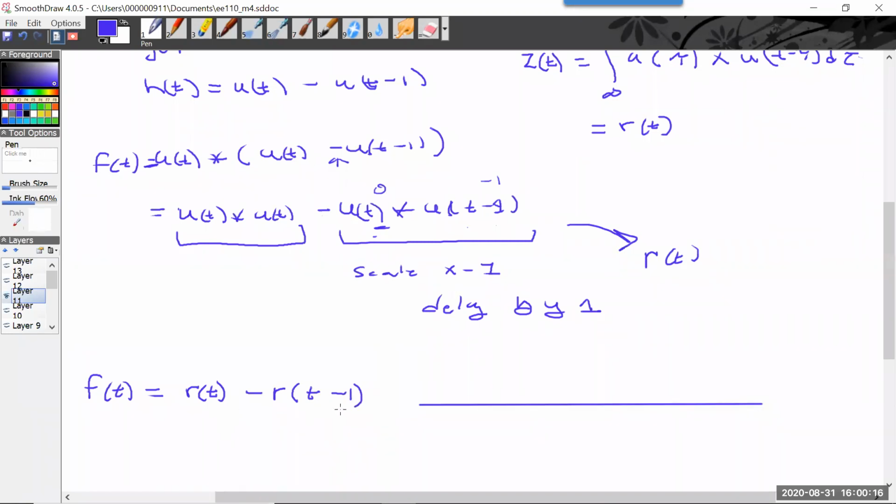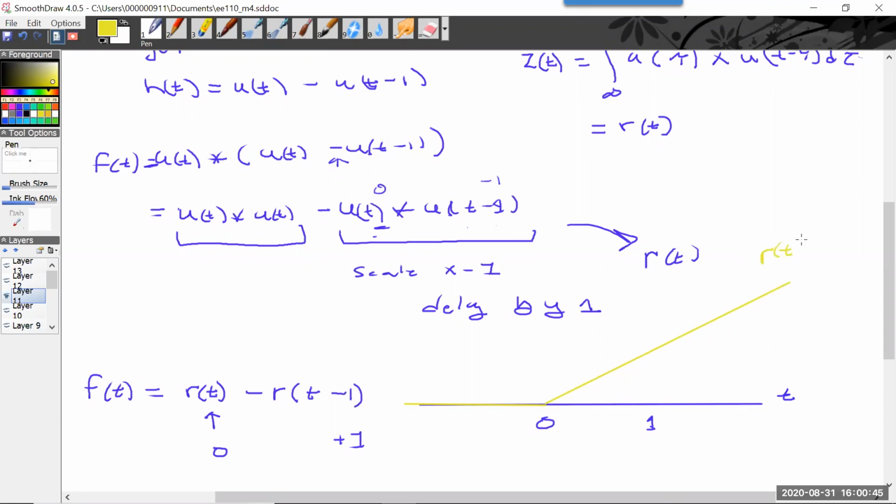So what are the important times? This is going to turn on at 0, and this is going to turn on at 1. The ramp function turns on at 0, and actually it keeps going on.